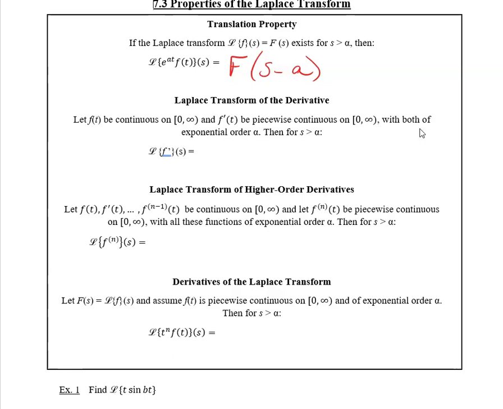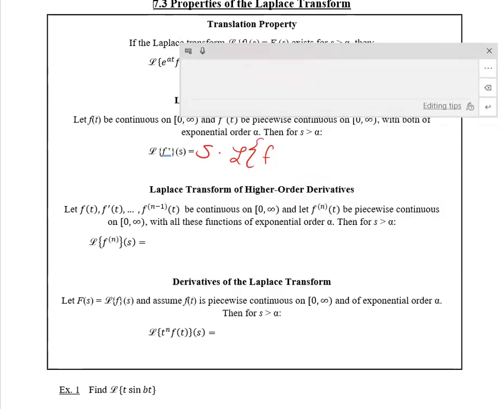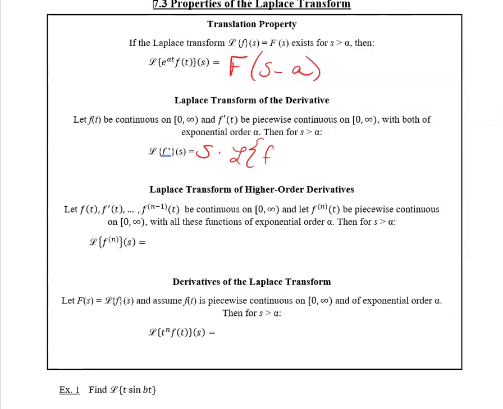The Laplace transform of f prime is going to be equal to s times the Laplace transform of f, the original function, minus f of 0. Let me use a bracket here instead.